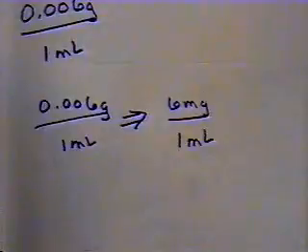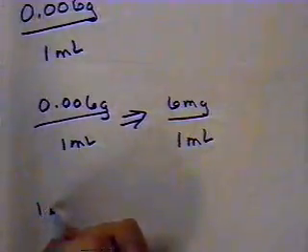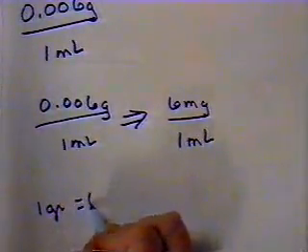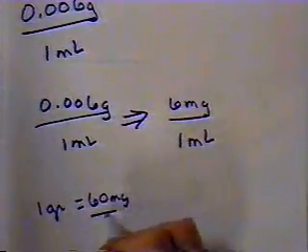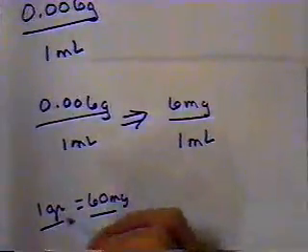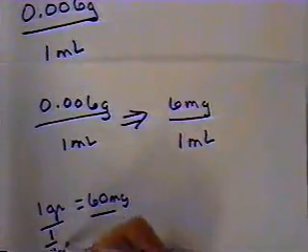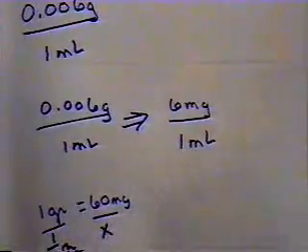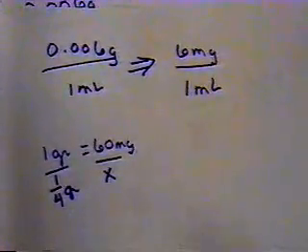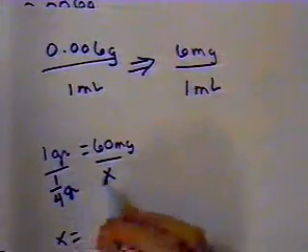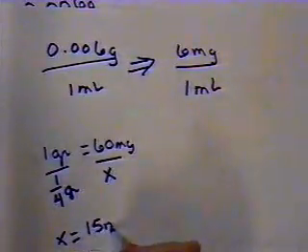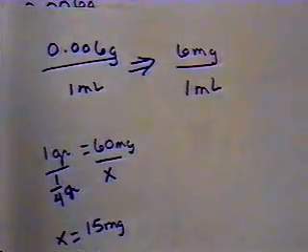If you change it to milligrams, then you want to change your 1/4 of a grain to milligram. 1 grain is 60 milligrams. So 1/4 of a grain is X. 1/4 times 60 is 15 milligrams.